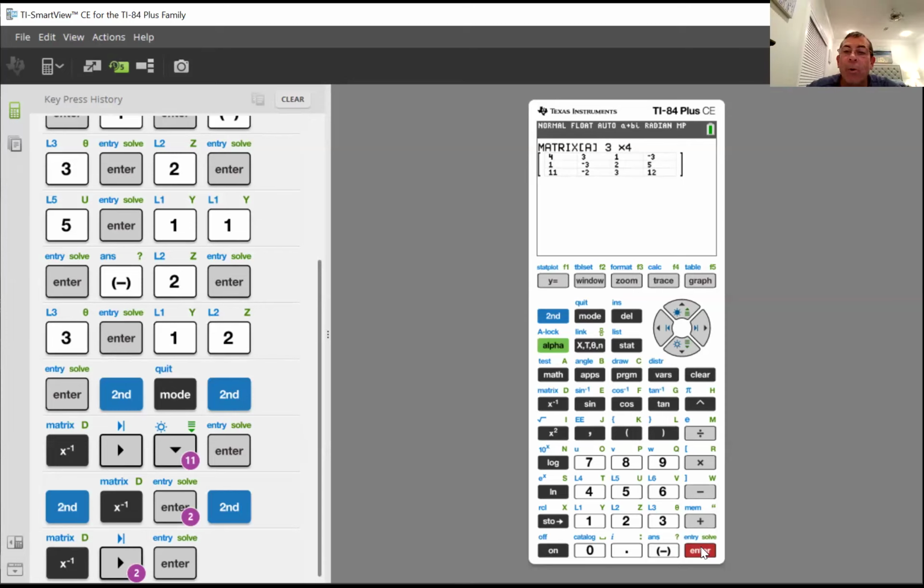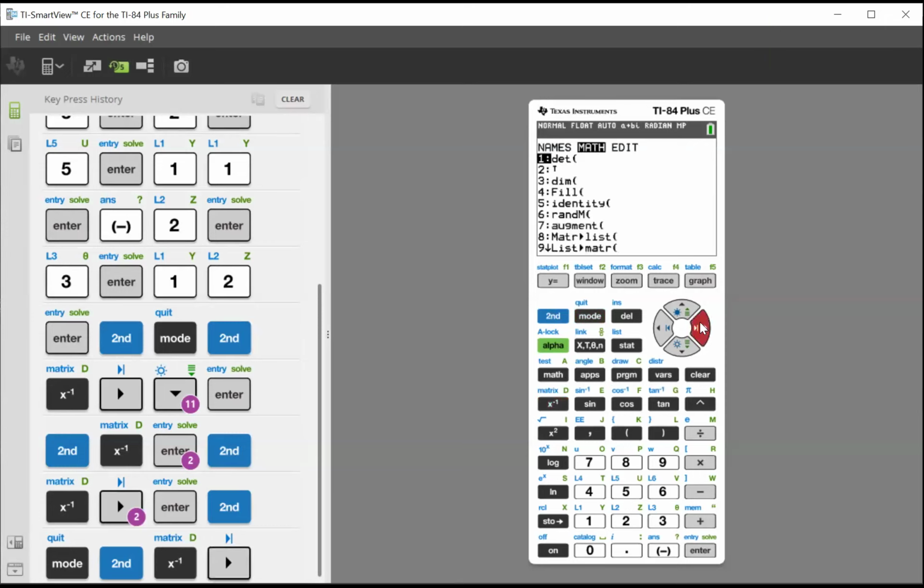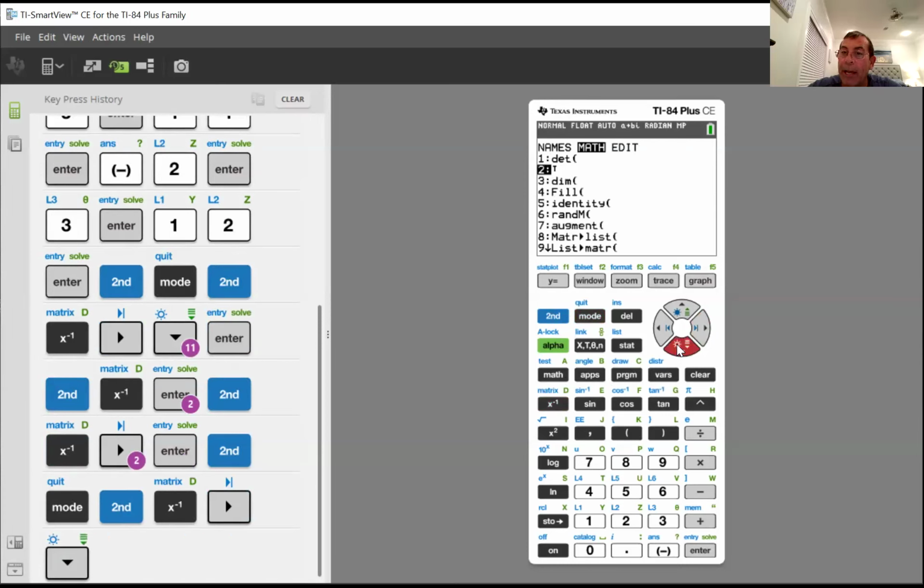Now we're going to quit the screen by hitting second and the mode button right next to it. So we're quit, and now our matrix is in the calculator. What we got to do is tell the matrix we want to do this reduced row to it. So hit second x -1 over here. Go to your math column, and then arrow all the way down.